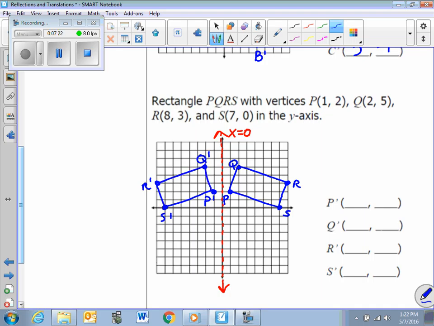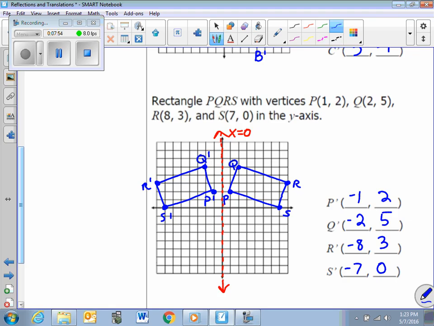And it does indeed look like I got a mirror image of itself there. And what do we notice about the relationship between the pre-image and the image? Well, this time all of our y values stayed the same, right? And it's our x values that became the opposite. So P prime is -1, 2, Q prime is -2, 5, R prime is -8, 3, and S prime is -7, 0.